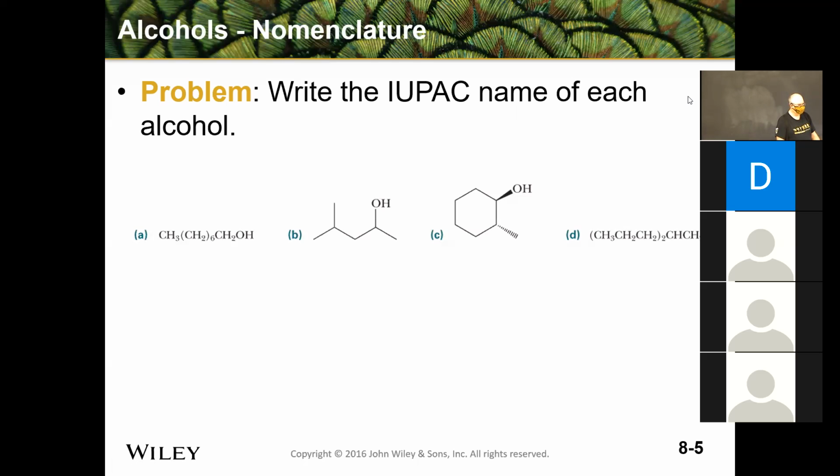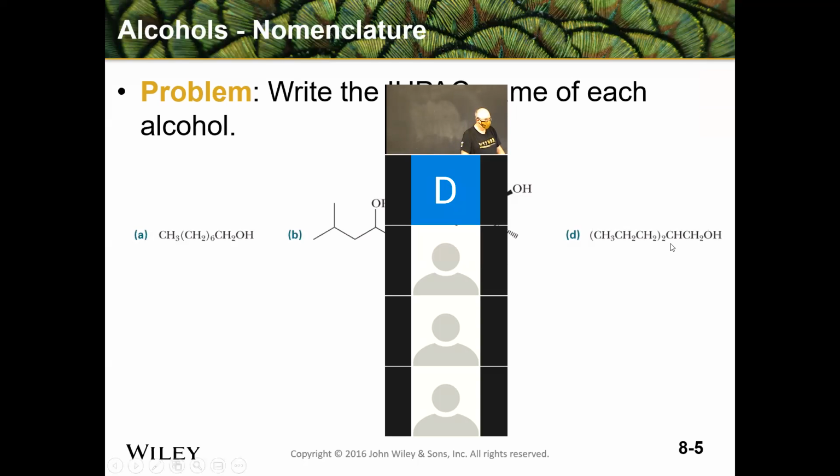And then the last one. We've got CH2, CH2OH. We have 2 propyl groups.